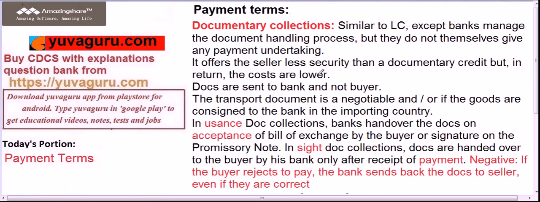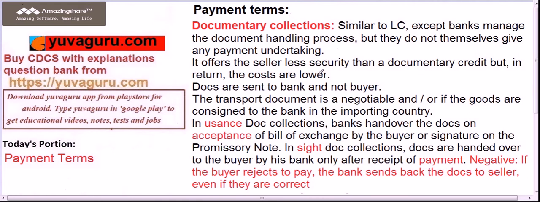Here they don't check the documents. Only for the KYC and AML part they do check and then hand it over to the buyer. If it is a sight collection, sight documents, then the payment needs to be received from the buyer. Only then are the documents handed over to the buyer.